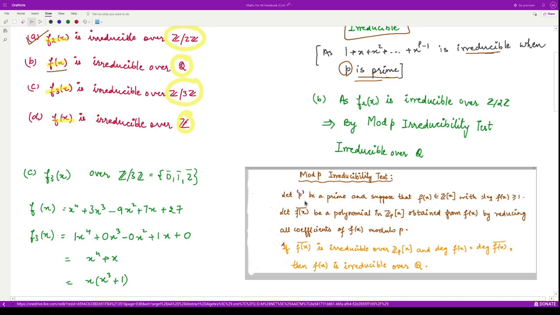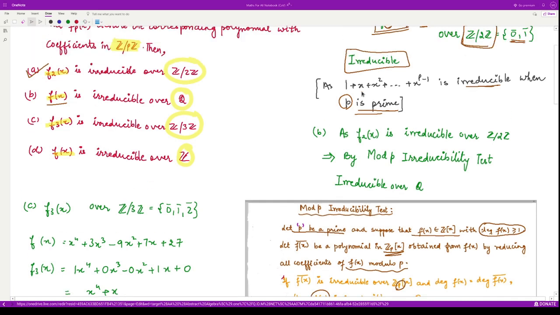It says that if p is any prime number and f of x belongs to Z[x] with the degree of f(x) greater than or equal to 1, and the reduced polynomial in Z_p, which is f(x) modulo p, is irreducible for some p, and the degrees are the same, then we say that f(x) is irreducible over Q.